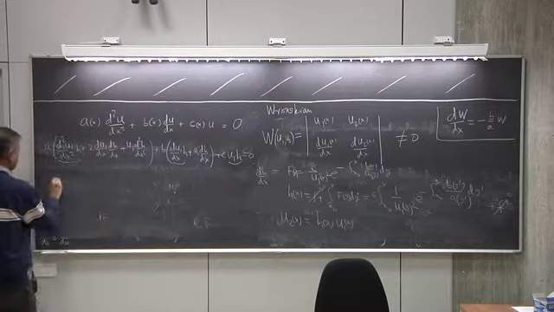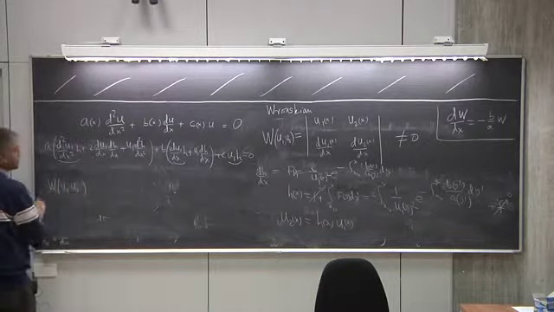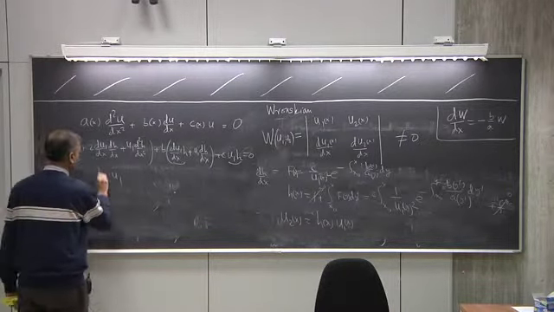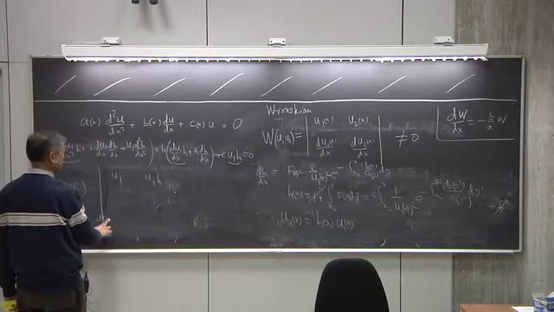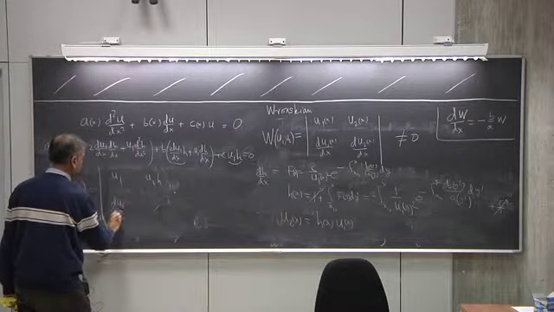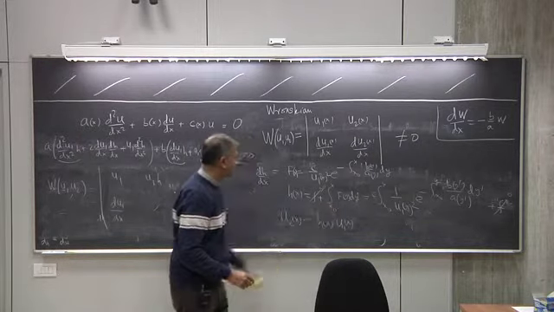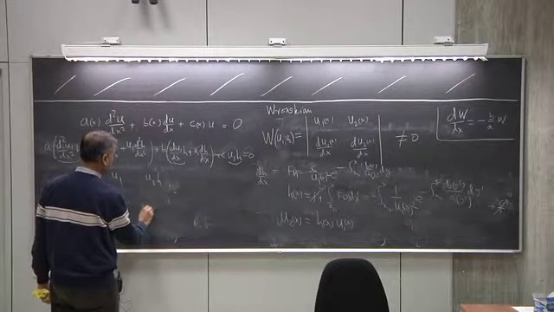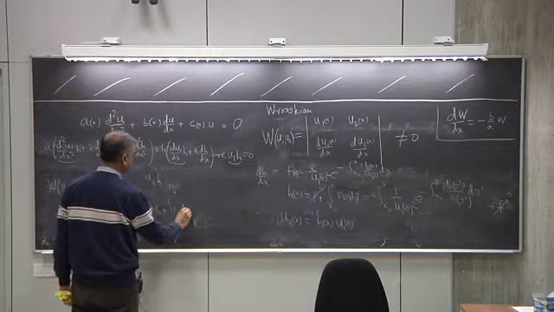Wronskian of u1, u2 is the determinant of u1, u2, which is u1 times h, and du1 by dx. And when you substitute u2 there, you'll get two terms: du1 by dx times h, plus u1 times dh by dx.